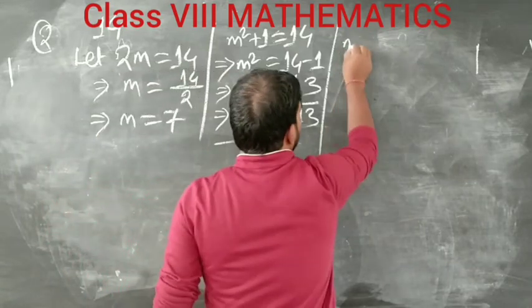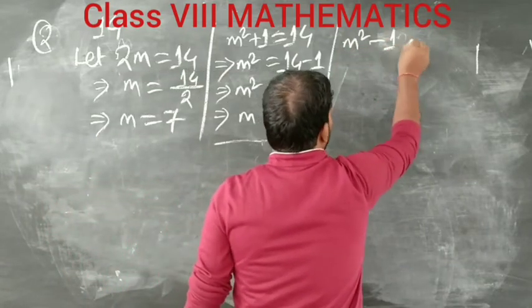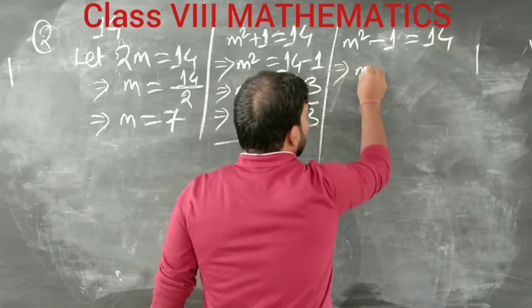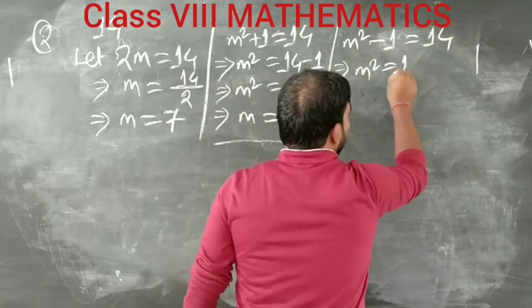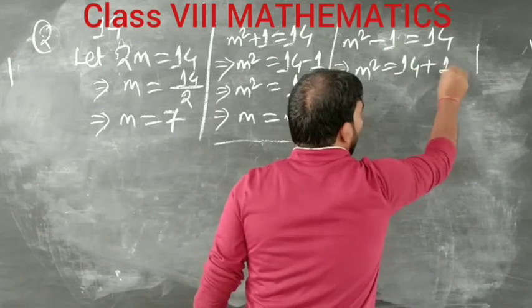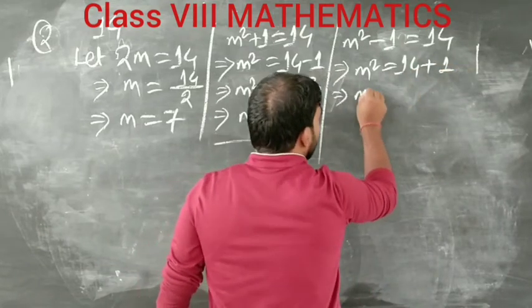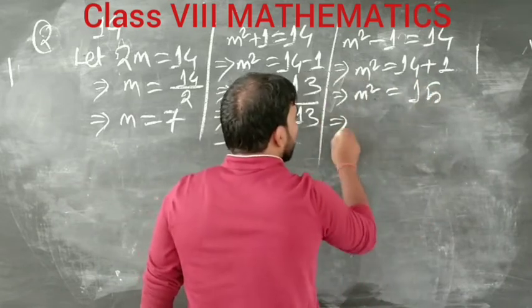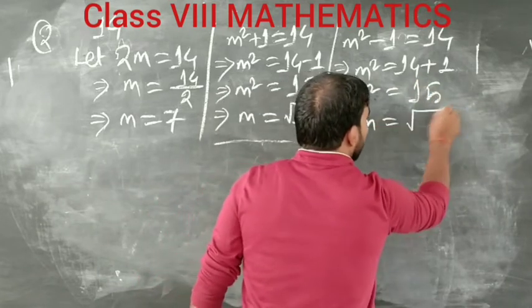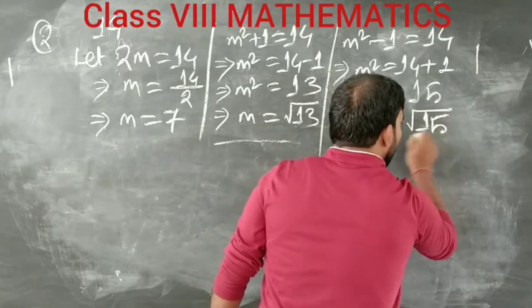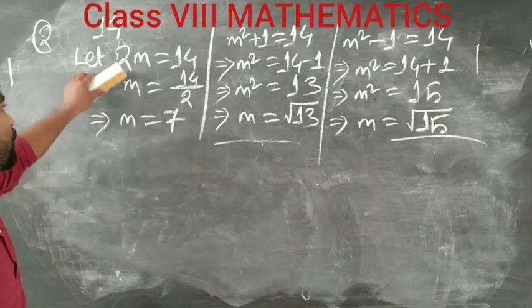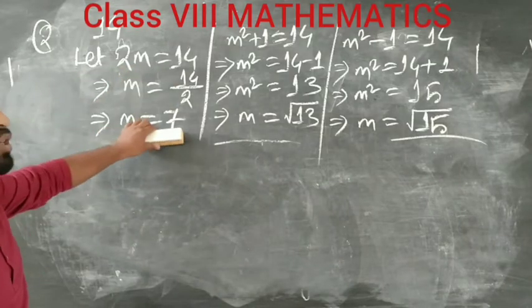Then another one is m square minus 1 equals 14, then m square equals 14 plus 1, m square equals 15, m equals root 15, which is also not possible. So our correct equation is 2m equals 14 and m equals 7.